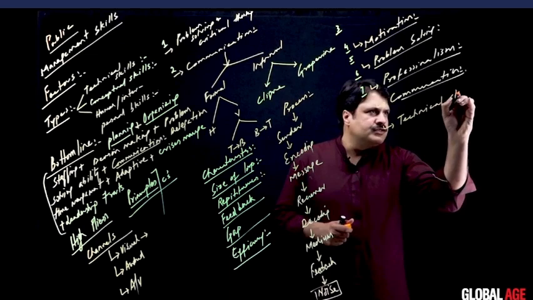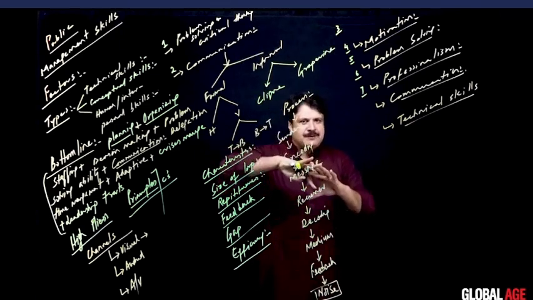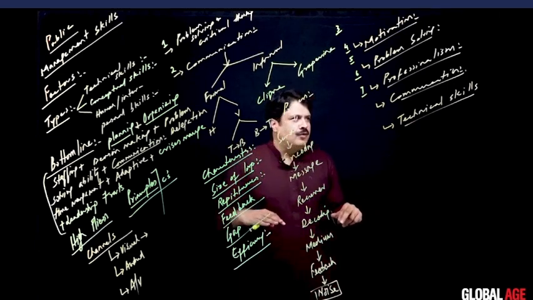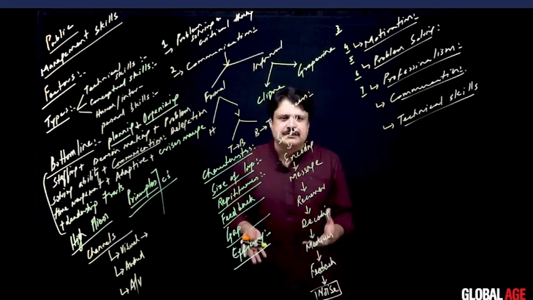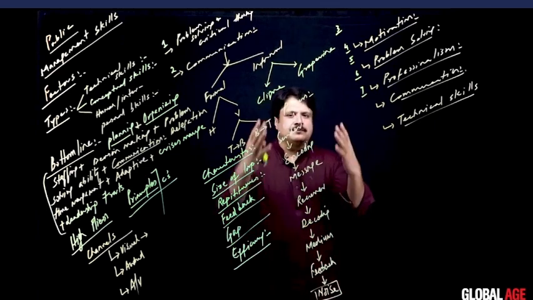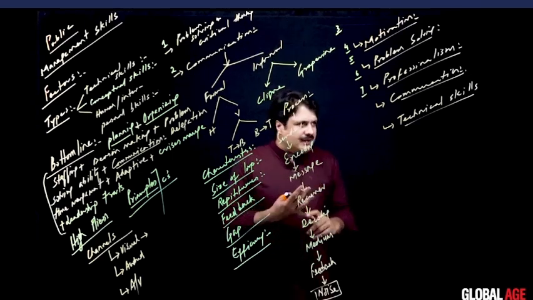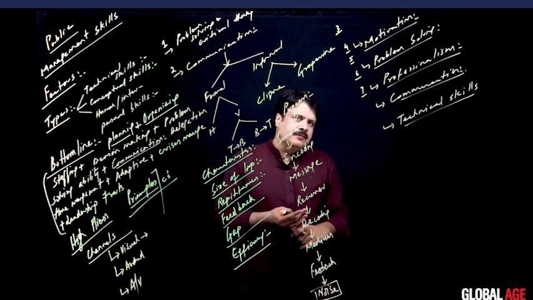Now, these technical skills may influence people in two different dimensions. One is technical support to the officers and officials working under him or working above him. And the second is technical support to the customers, to the clients. This is what his technical skills should be able to help with.